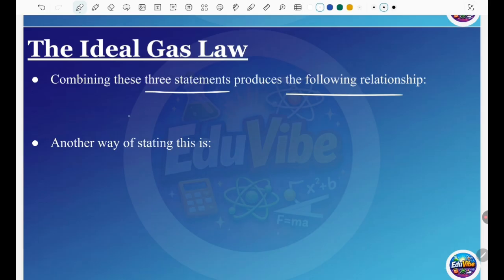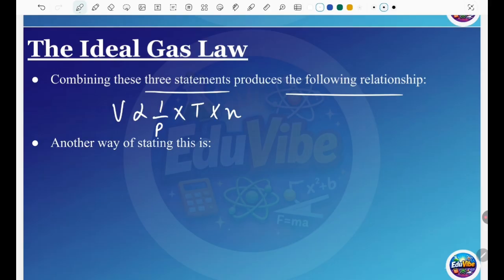So what is that relationship? Volume is proportional to 1/P times T times N, that is, inversely proportional to pressure.